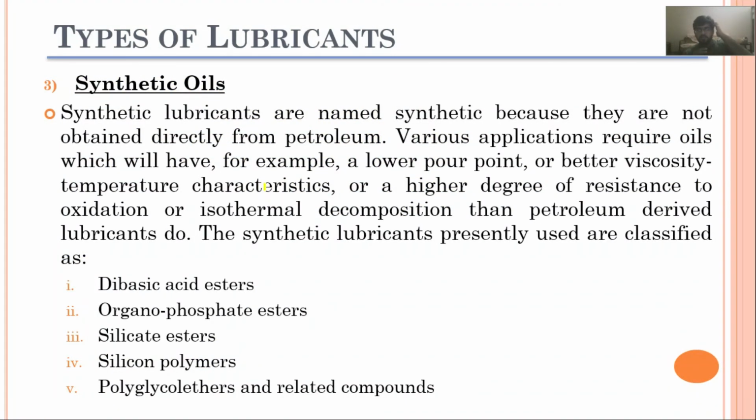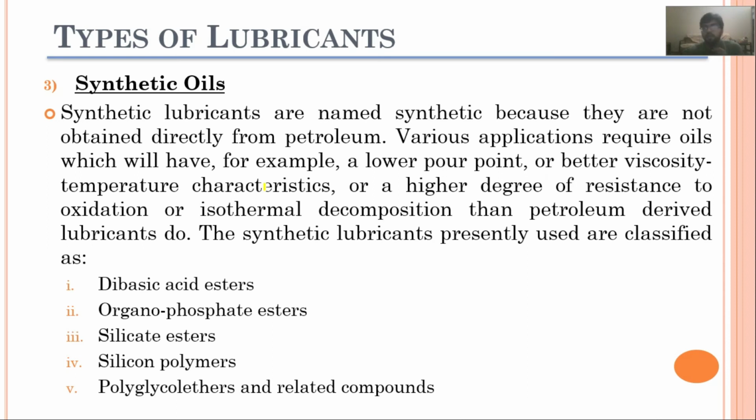Next we have the synthetic oil. Again, as I explained earlier, synthetic oils are called synthetic oils because they are not obtained directly from the petroleum process. Various processes are incorporated in order to acquire the desired properties of a lubricant.